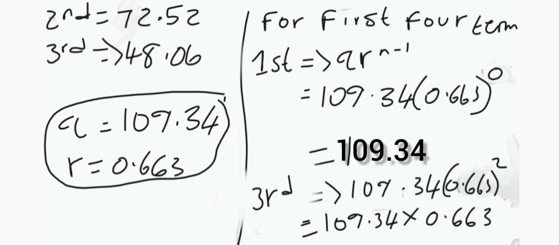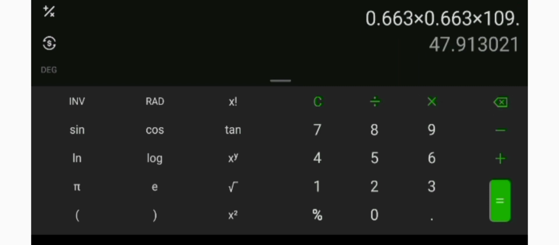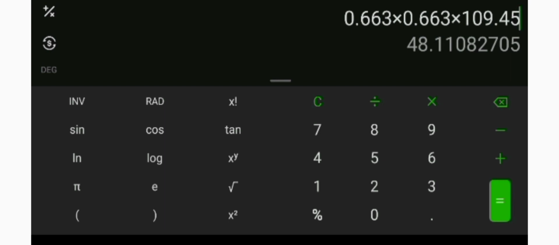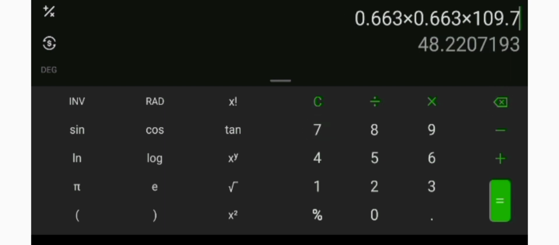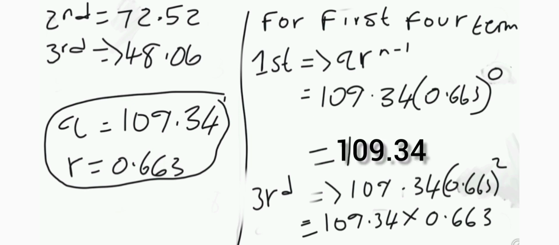So we have 48.06. Check it again. 48.06 to be our answer. Okay, 48.24. If you have 48.24 or 48.06 or 48 point anything, at least you are close.